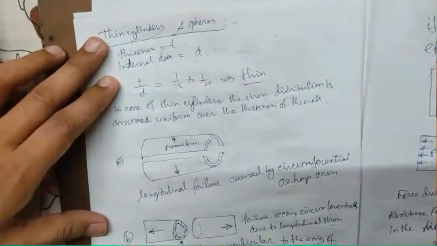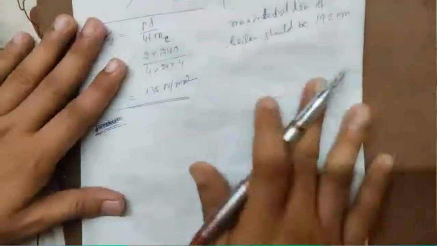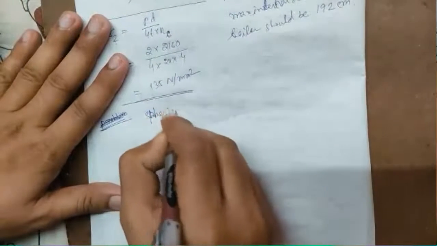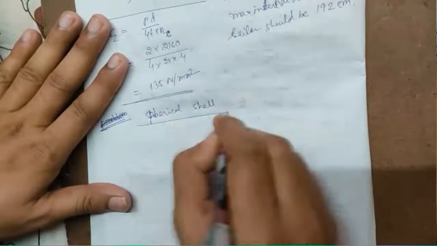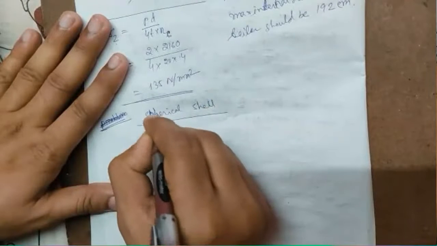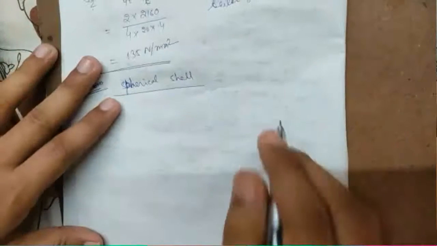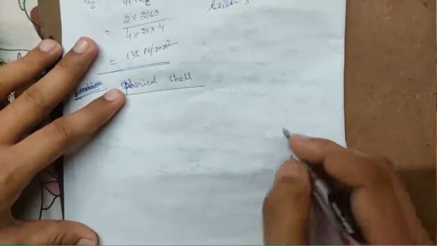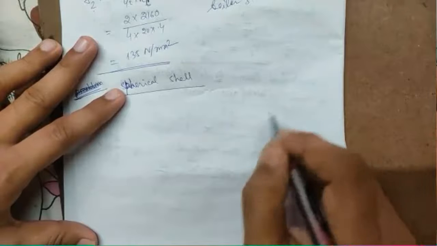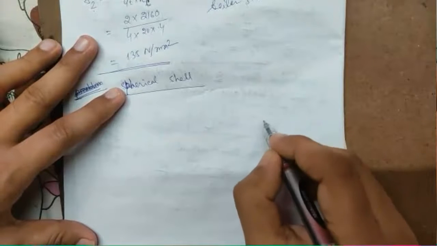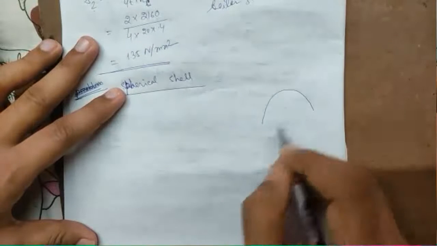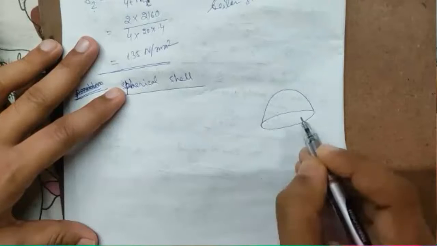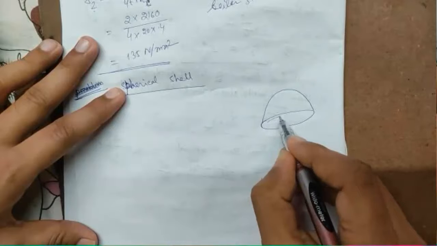So let us have the vessel of spherical shell. When the spherical shell fails, there is only one type because it is similar in all the directions. So let us have a sphere like this.